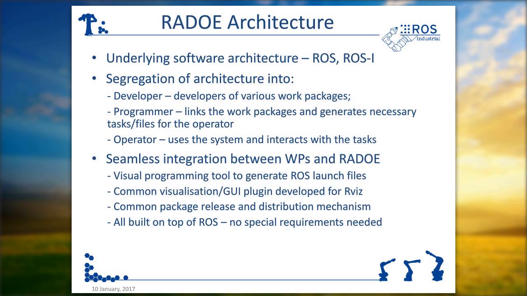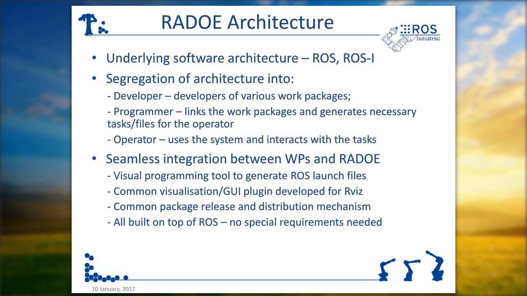The architecture of RADOE is actually divided for 3 different users. The first one is mainly for the developer. We have our full-time researchers to develop the various work packages and then put them together. And then we have programmers whose role is to link different work packages and generate necessary tasks for the operator.